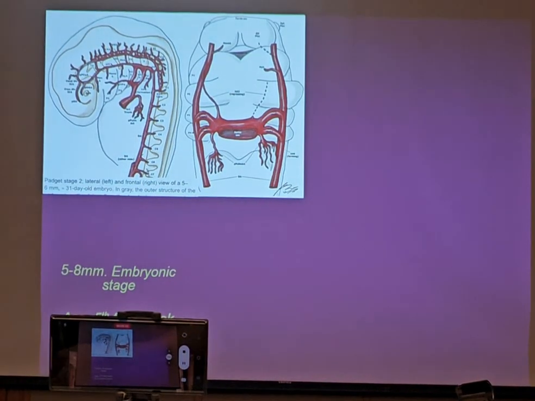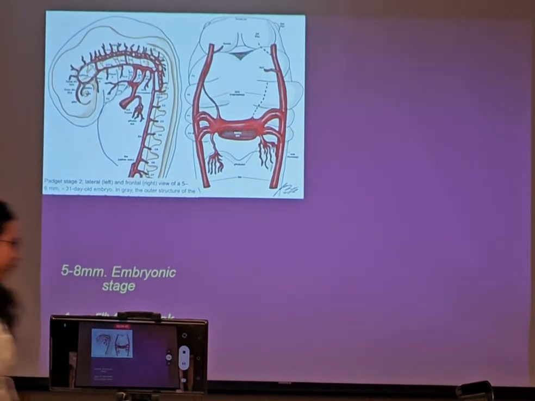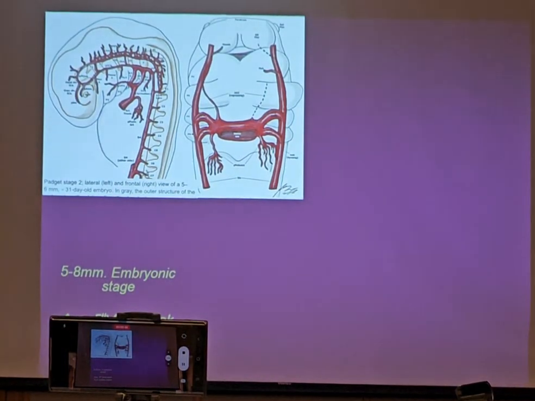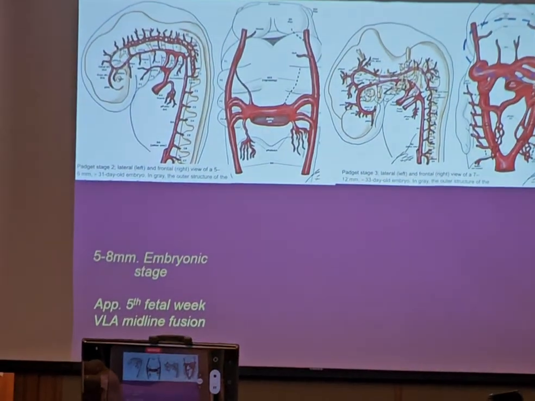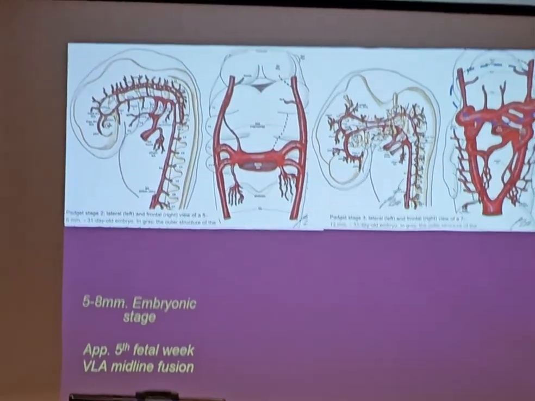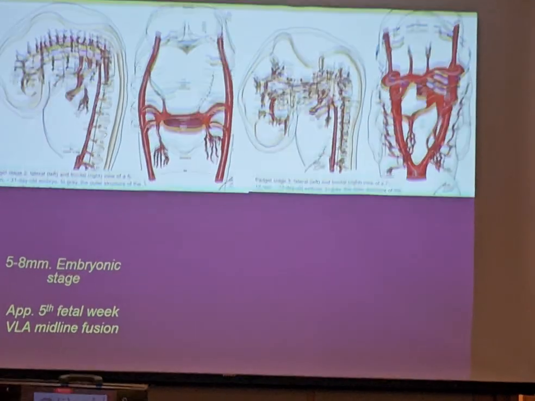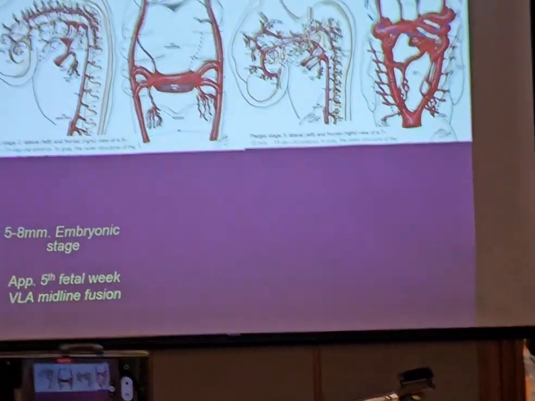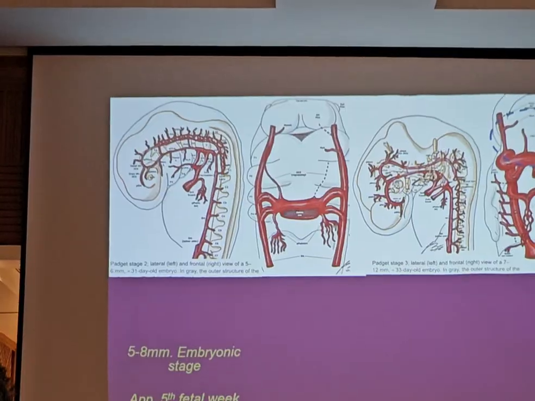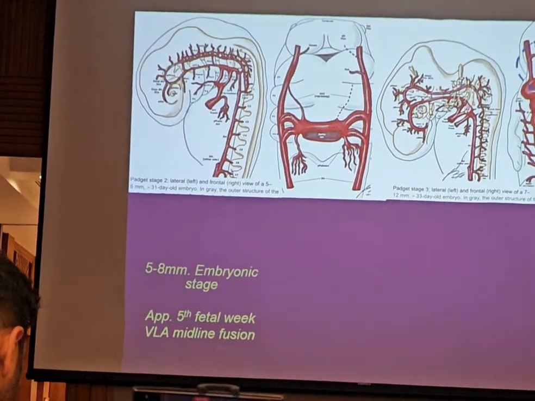So these are the modified carotid drawings that show exactly when, during the 5 to 8 millimeter stage, the fetus starts to have the midline fusion of the system here. Then when the neural tissue grows in the area, some segments start to regress and some are still growing.